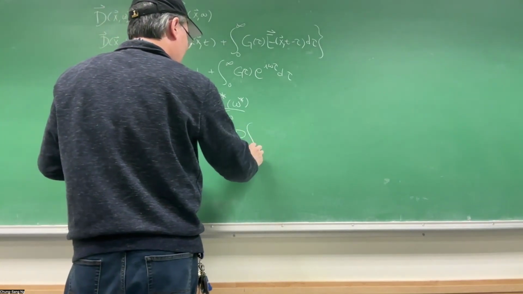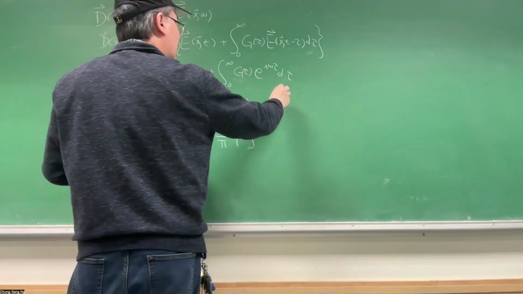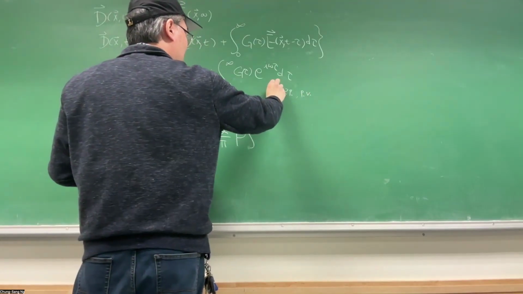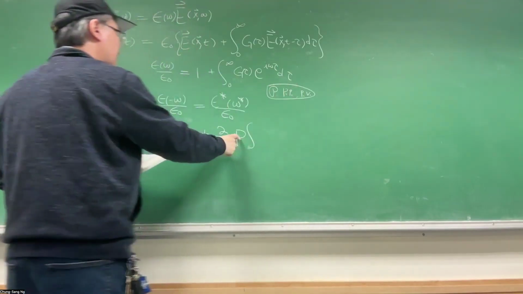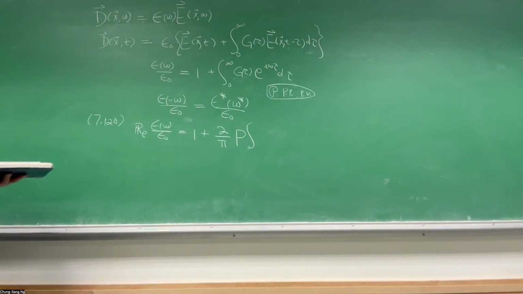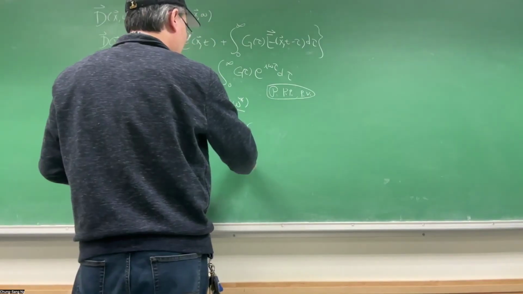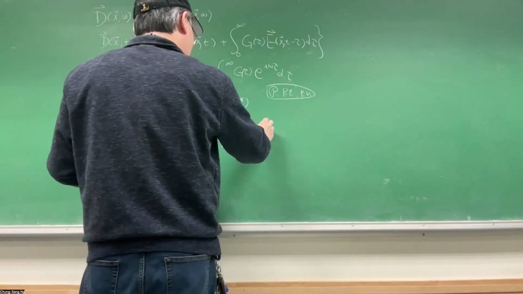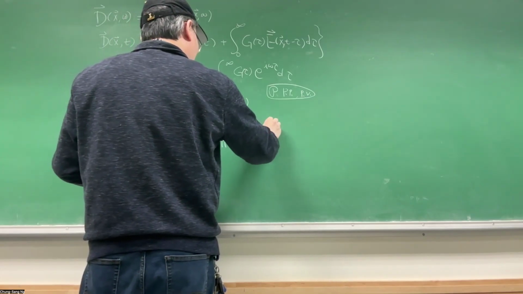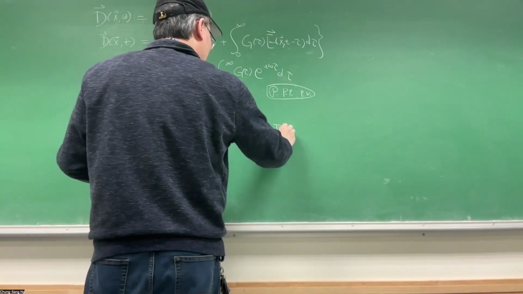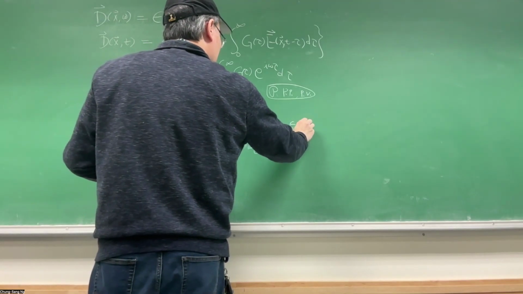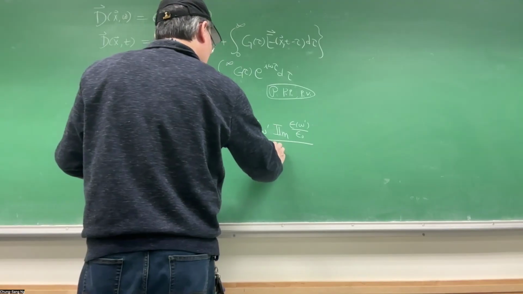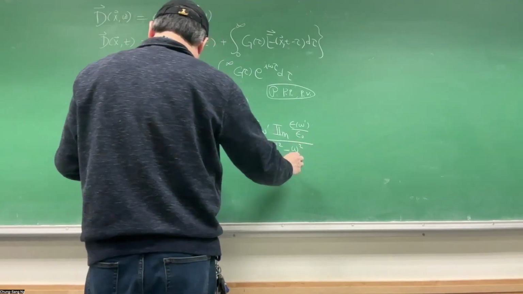It is also called the principal part, and some people use PP or principal value, or a script P. All of these are the same notation to indicate an operation on how you do this integration, because the integral is singular. The integrand is omega prime times the imaginary part of epsilon, divided by omega prime squared minus omega squared.